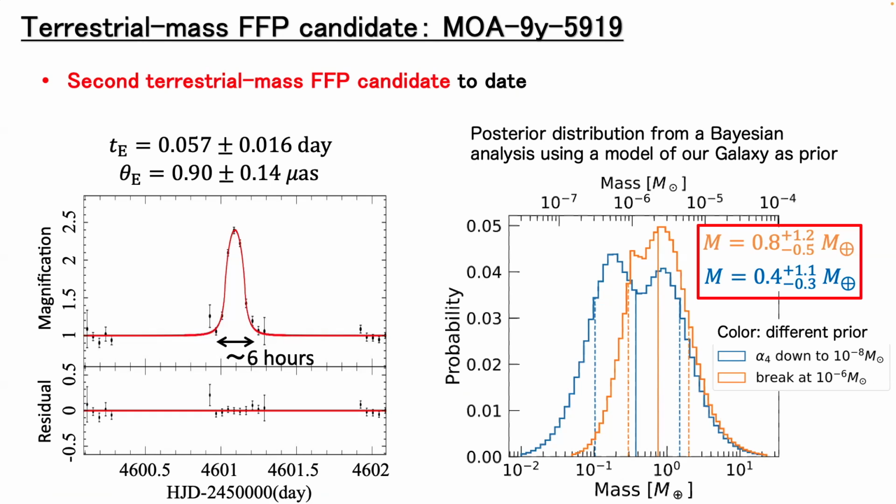The blue one just extends the same power law with index minus one. The takeaway is that using two pretty different priors, you end up with pretty similar masses. Yes, at least we have the upper limit around here. Okay, cool. Thank you.